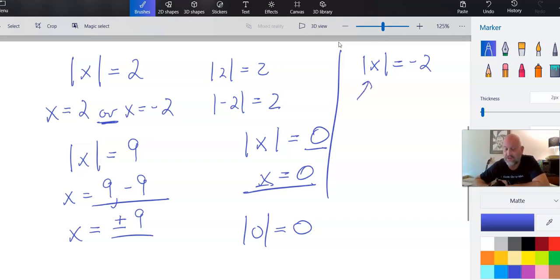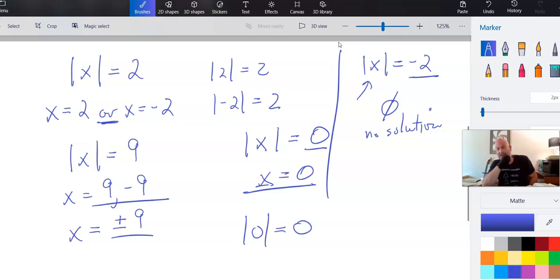This thing can only assume positive values, which means that if I set it equal to a negative, there isn't a solution. There's no value of x that when I take its absolute value, I will get a negative 2. There just isn't one. So what we say here is that there is no solution. Right? That's it. So as soon as you have an absolute value by itself equal to a negative number, that's your case for no solution.